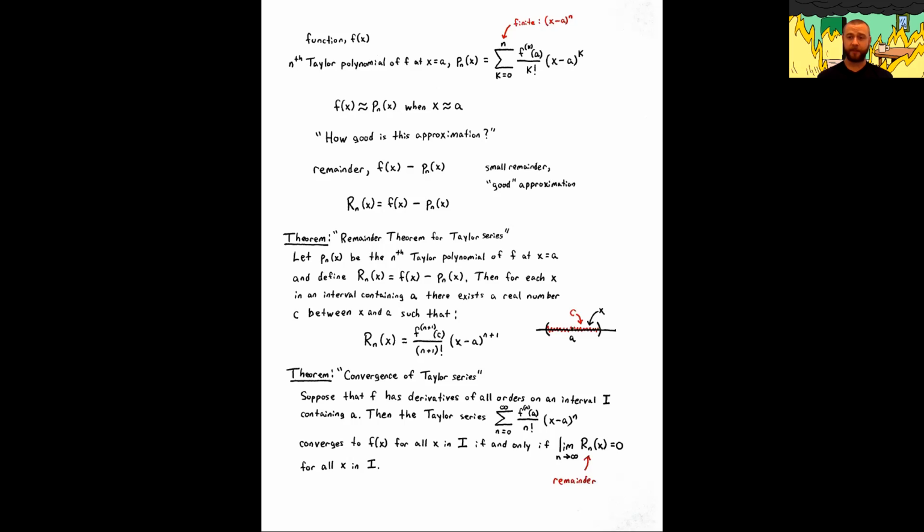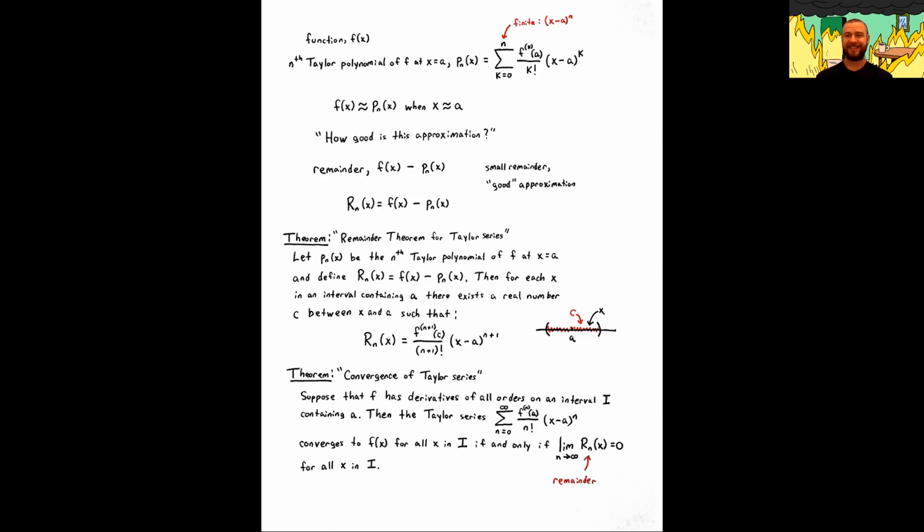The previous theorem gives us a way to directly calculate the remainder as a function of x. What this final theorem says is, if we have a function that has derivatives of all orders, in other words our function is sufficiently smooth, then the Taylor series converges to the function if and only if the limit of the nth remainder as n goes to infinity equals 0 for all x. Remember, derivatives basically tell you where a function is smooth or not.